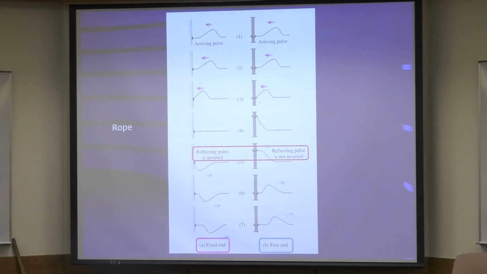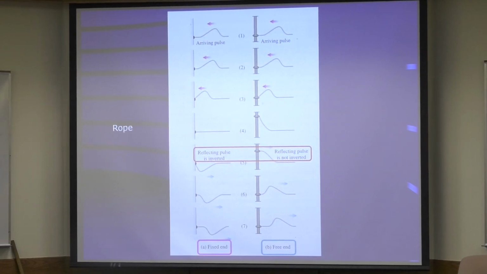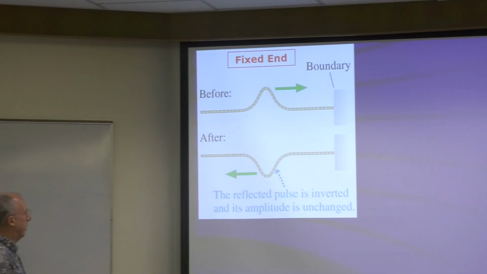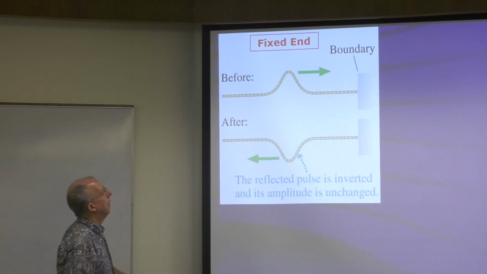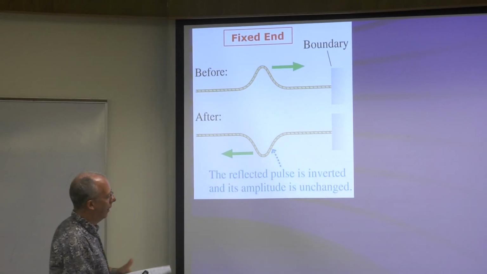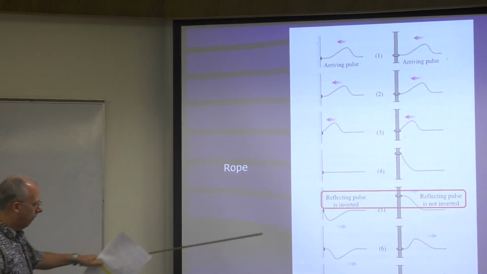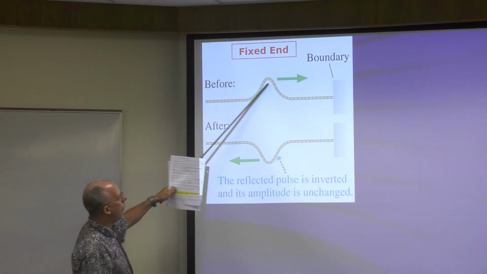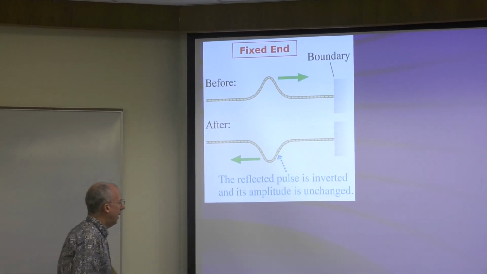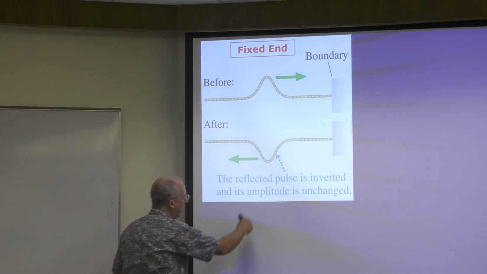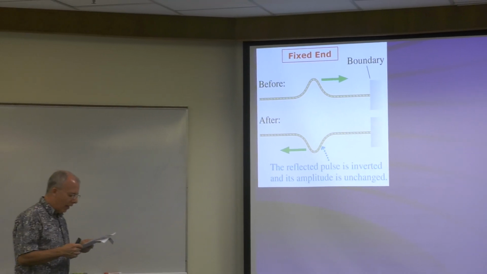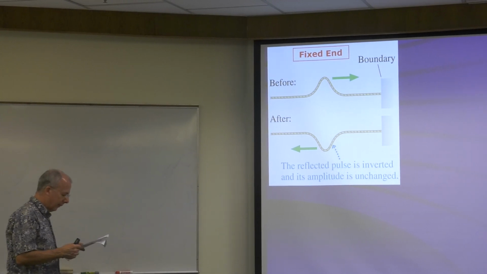Okay. Now, I just showed you this, right? Something similar. Again, fixed end. So fixed end is inverted or flipped, right? So before, after. The reflected pulse is inverted, the amplitude is unchanged, it's just inverted. Okay, now here's a hard question.